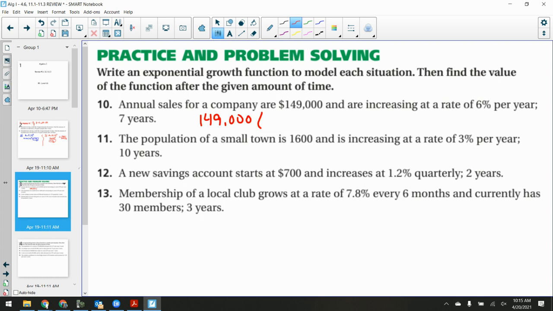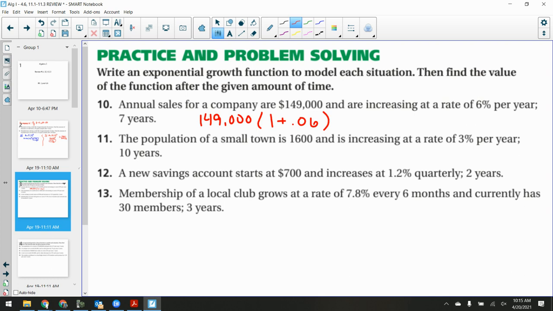What's my rate? Percent, right? So what do I write for my R value? No. It's 1 plus 0.06. If you don't do 0.06, it's going to throw your numbers way off.